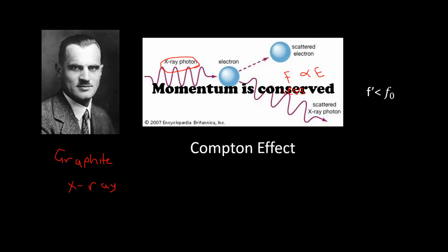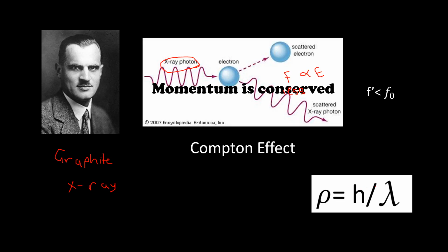Arthur Compton found the momentum of X-ray photons to equal Planck's constant over the wavelength. For particles with mass, like you, me, electrons, and protons, momentum equals mass times velocity. However, photons are waves and they don't have mass. So, their momentum does not equal mass times velocity. It equals h over wavelength.